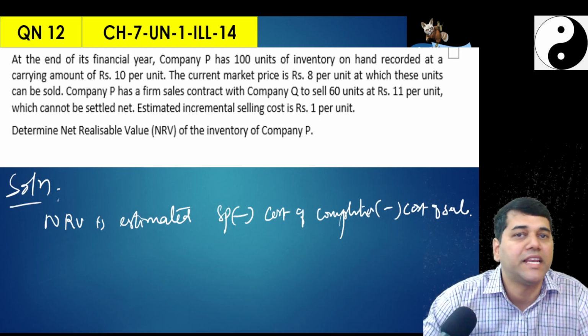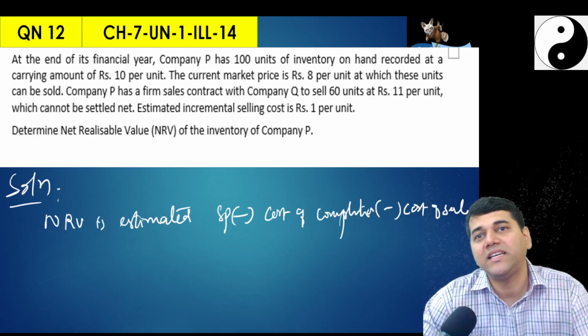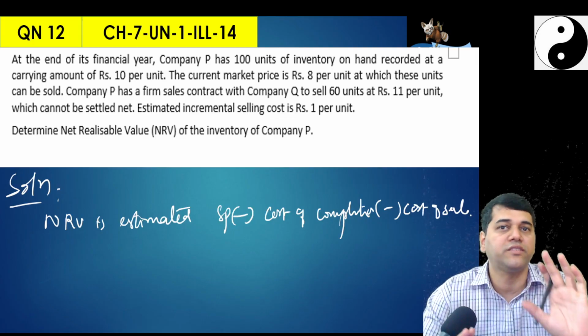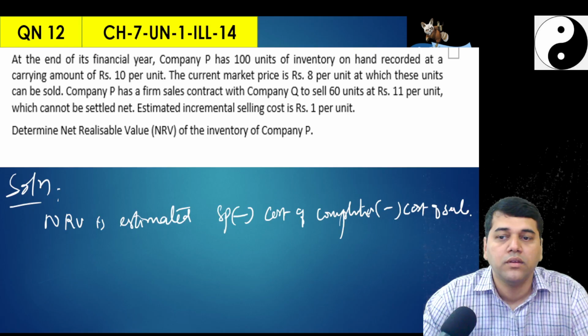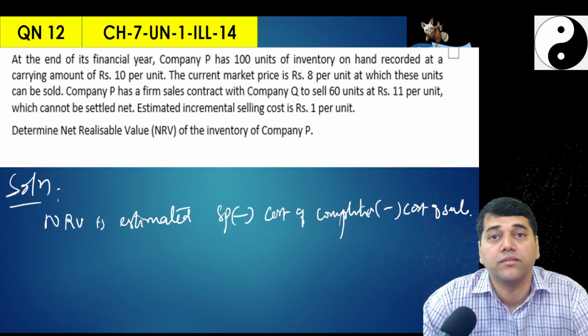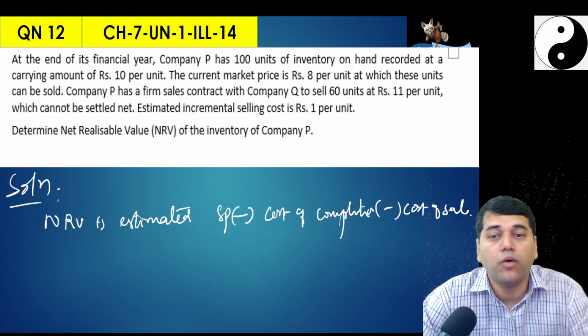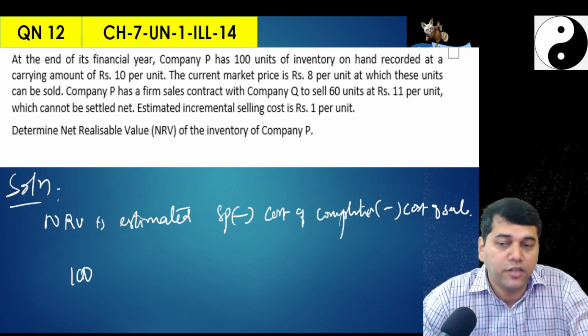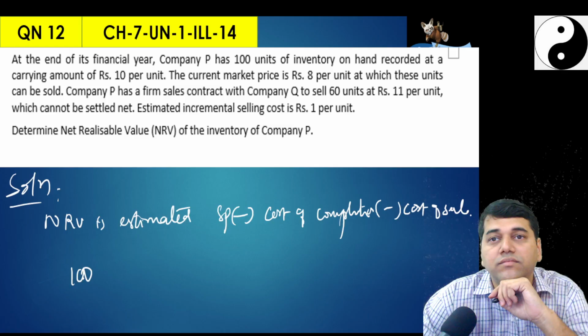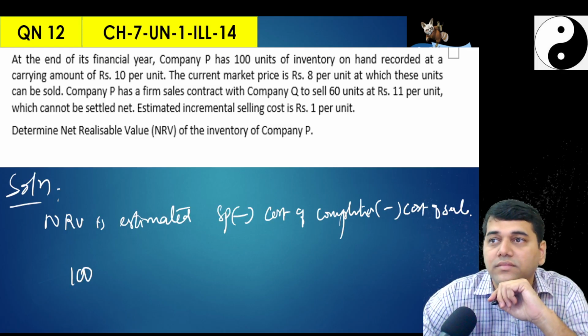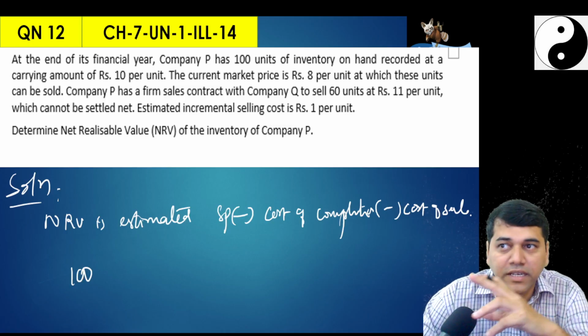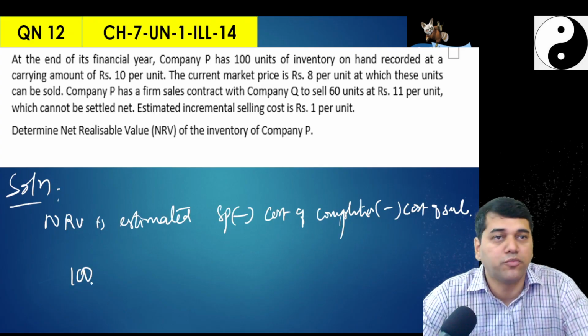So what does my standard say about NRV? This is what it says. Now tell me, what is my NRV? How many units have I got? 100. Can you tell me the NRV of 100? Should I split it? Yes, I need to split.